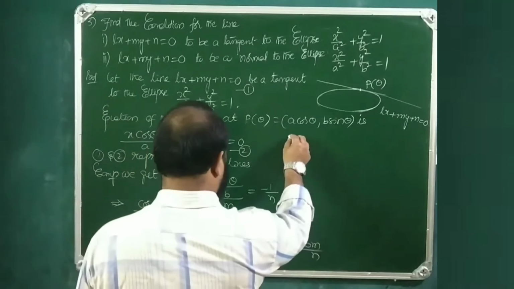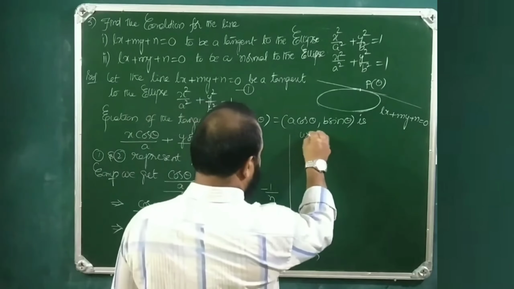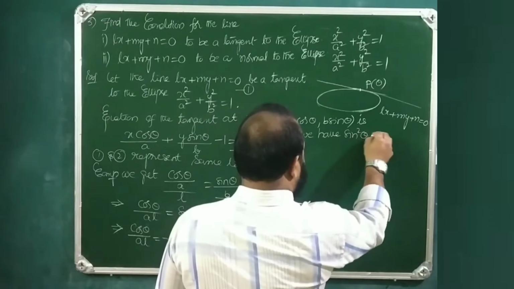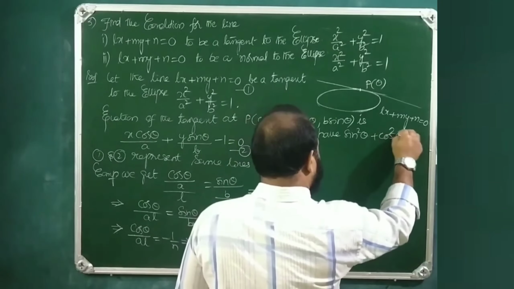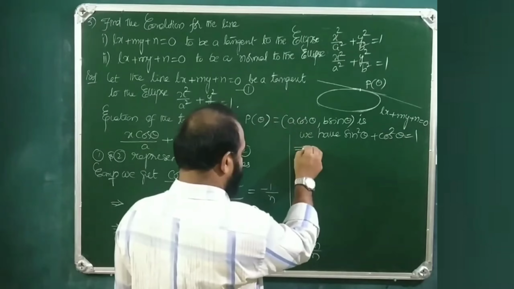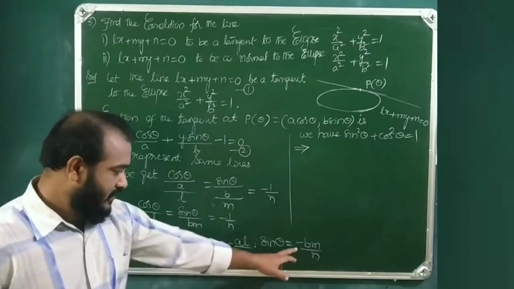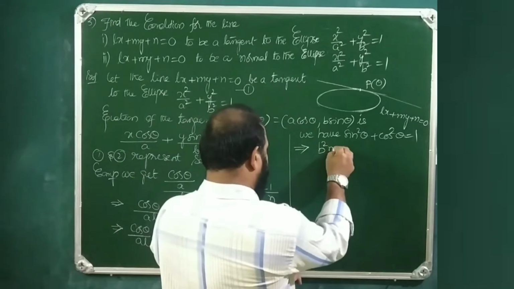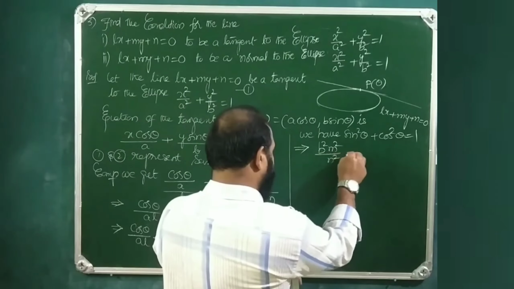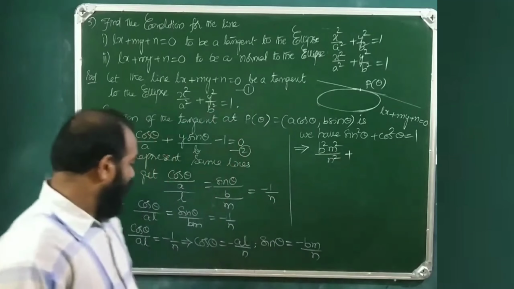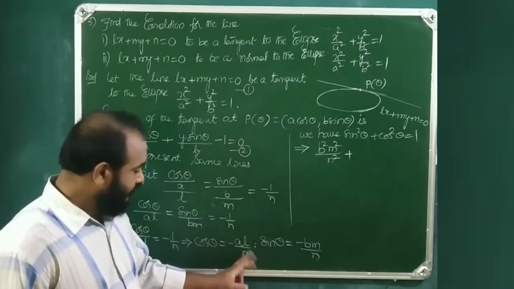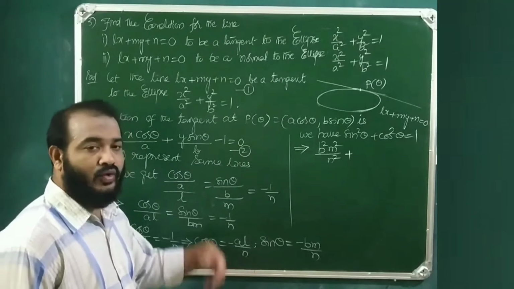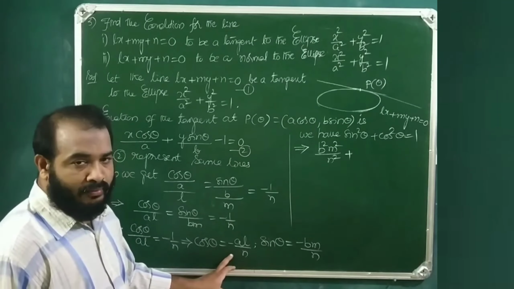Now, we have sin square theta plus cos square theta equals to 1. So sin square theta is minus bm by n whole square, b square m square by n square, plus cos square theta is minus al by n whole square, squaring on both sides. Square of minus is plus.